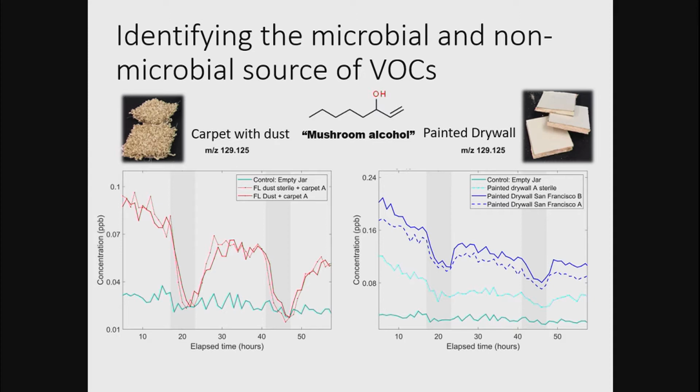Same with painted drywall. And one thing to point out is that there's a lag in the response. So the concentration doesn't increase immediately when the relative humidity increases, which is entirely consistent with a biological origin for this compound, because we know that from a quiescent state, microbes have a little lag in how quickly they can rebound and grow.